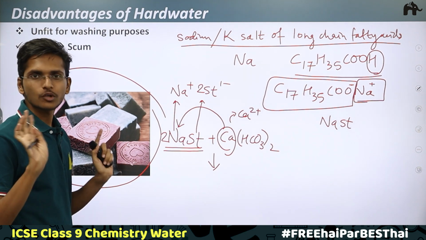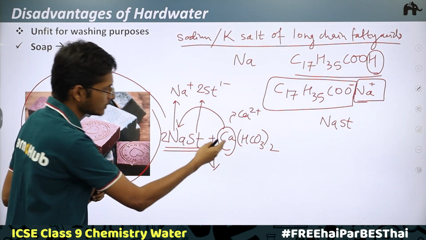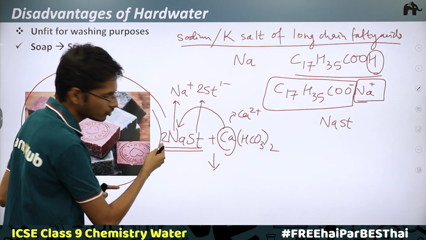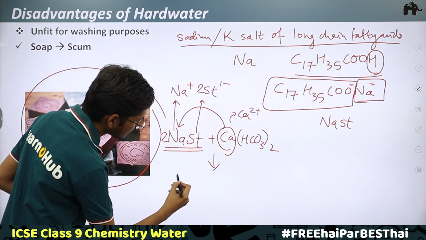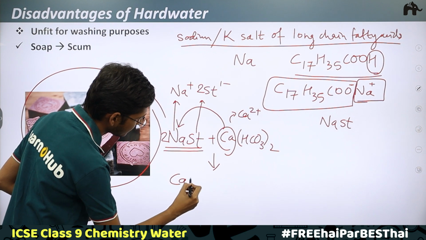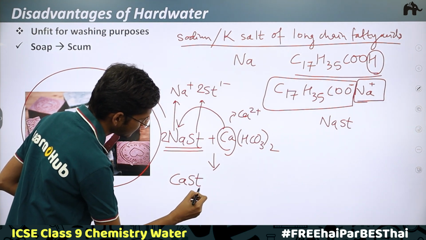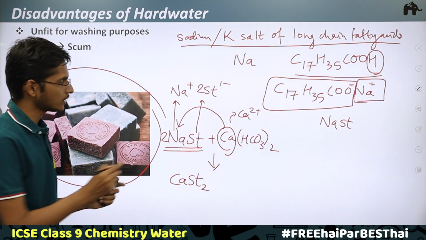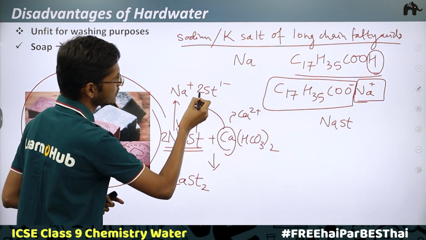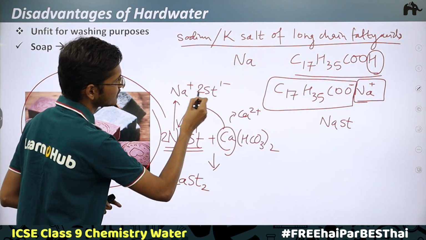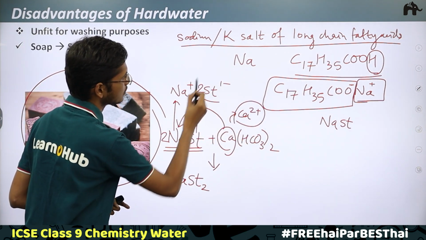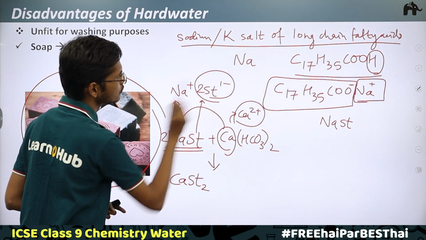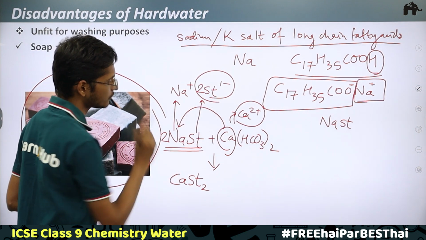So now this calcium would replace these 2 sodium atoms, 2 sodium, and form CaSt twice. See, calcium 2 plus, 2 St minus, CaSt twice. Clear? Just focus on this 2. Calcium 2 plus, 2 minus, so balanced, CaSt twice.